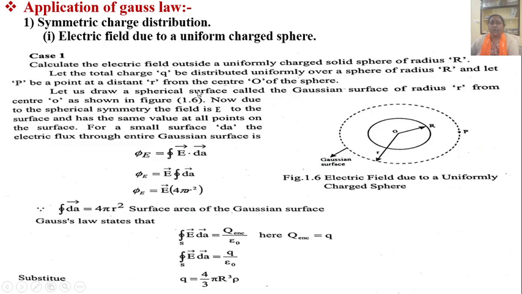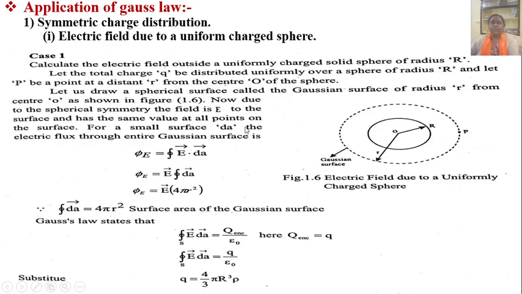Now, let us draw a spherical surface called the Gaussian surface of radius r. That spherical surface that is dotted is a Gaussian surface having radius r from the center O as shown in figure. Now, due to the spherical symmetry, the field is normal to the surface and has the same value at all points on the surface.